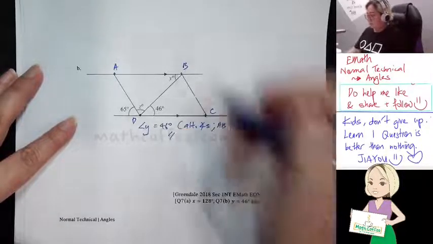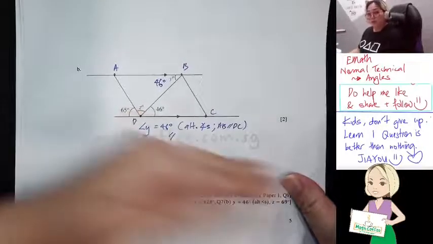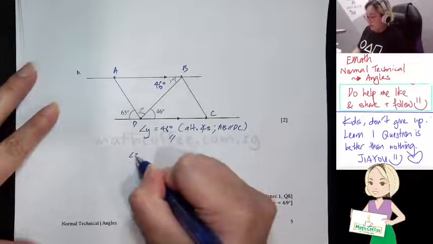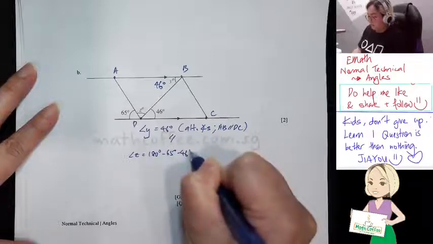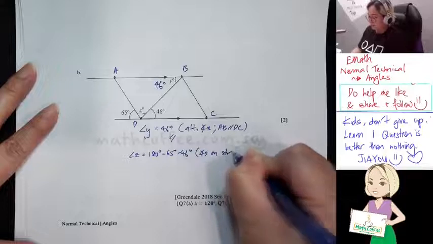Done. So we can update 46 degrees. For Z, we're going to use angles on a straight line. By now you should know angles on a straight line. So angle Z is equal to 180 minus 65 minus 46. Why? Because this is angles on a straight line.